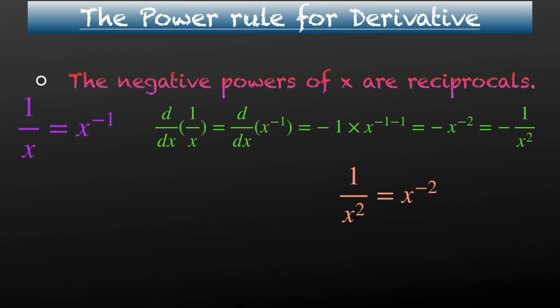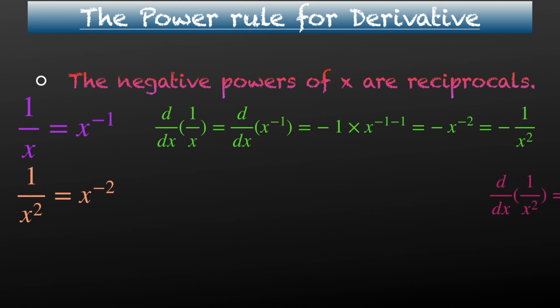Let's try another one. If we have the function 1 over x square, what is the derivative of 1 over x square? Firstly, rewrite the expression, move x square to the top. Now by using the power rule, we find the first derivative of x raised to power minus 2. Here you notice n is equal to minus 2.